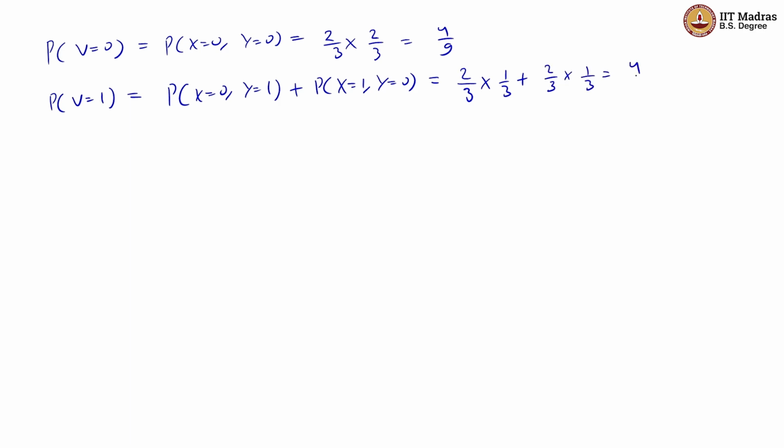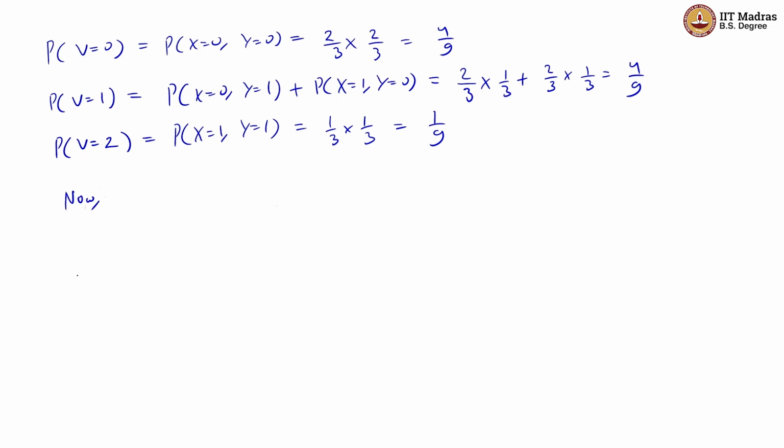So the probability is 4 by 9. And finally, we'll find the probability that v is equal to 2. So the probability v is equal to 2 will be equal to joint probability x is equal to 1, y is equal to 1. So this is equal to 1 by 3 into 1 by 3 because we can write joint as product of marginal. So the probability is equal to 1 by 9.